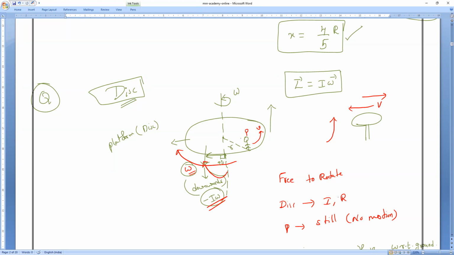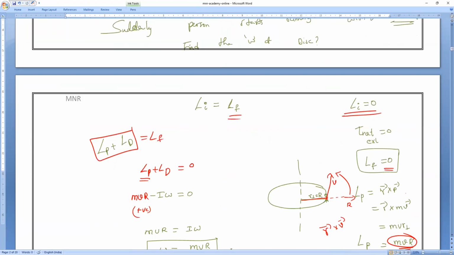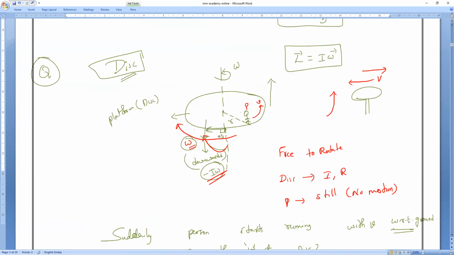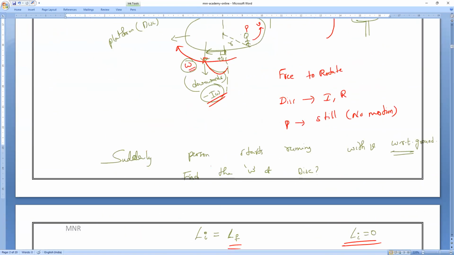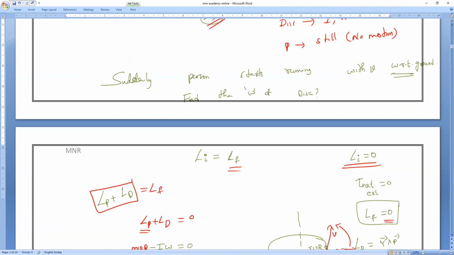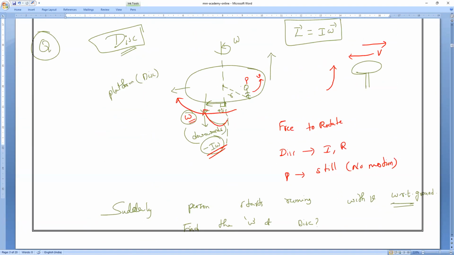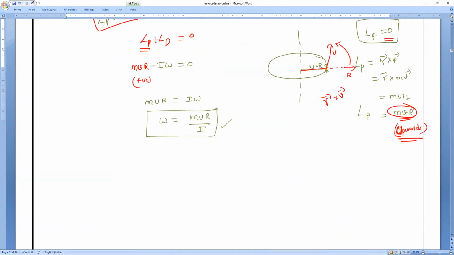So the person's angular momentum is in the upward direction and the disk's angular momentum is in the downward direction. Upward means positive, downwards means negative. So we get omega equal to m v R divided by I. This is the formula for calculating the angular velocity omega of a disk.